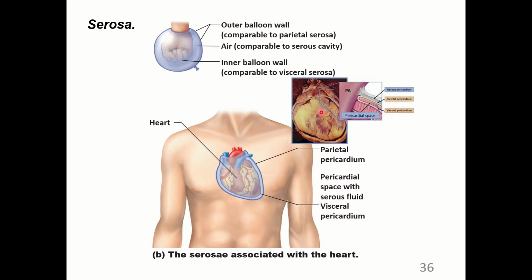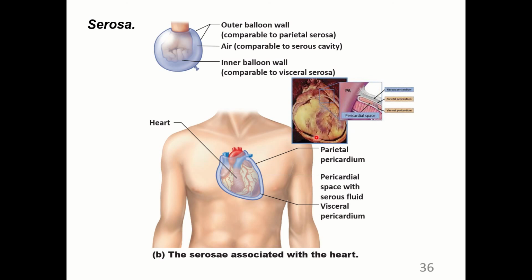Here's an actual image of the heart, and the visceral pericardium is connected to the heart. It's a nice, delicate membrane covering the heart. The parietal pericardium is a lot thicker. It's very tough, and it's connected to the body cavity. It's actually connected to the wall of your chest.